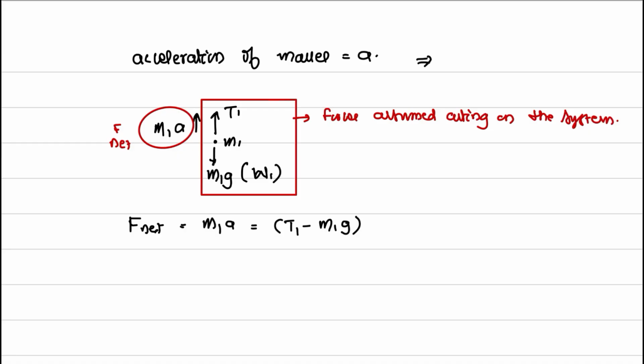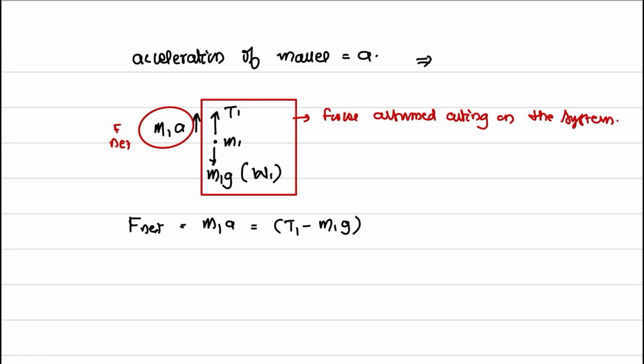F net is the net force resultant. Net force is in the vertical direction only. That net force is equal to upward force minus downward force, T1 minus M1G. Did you understand?